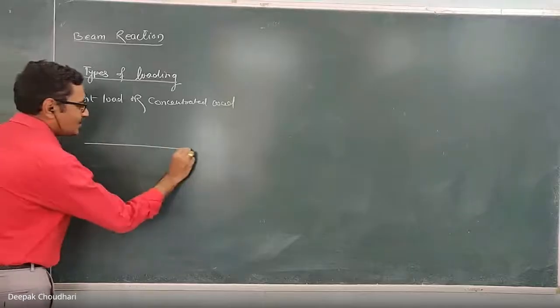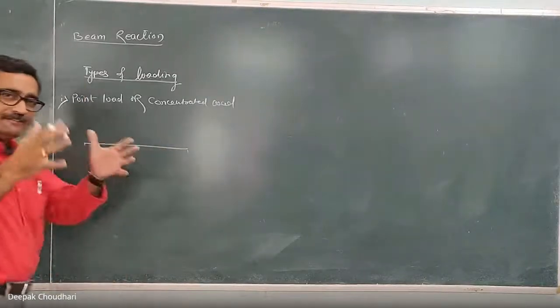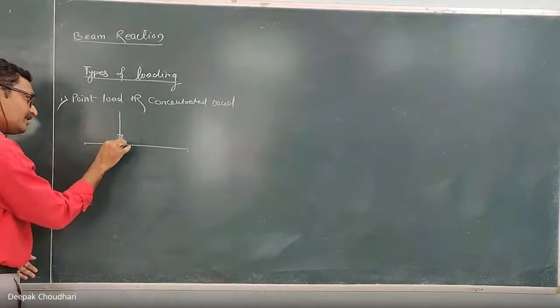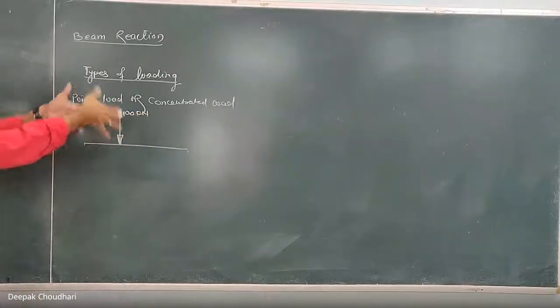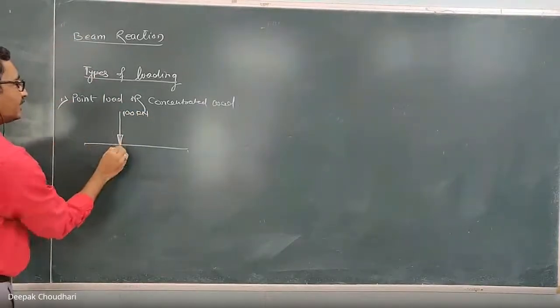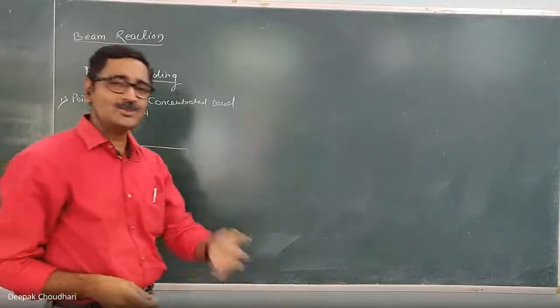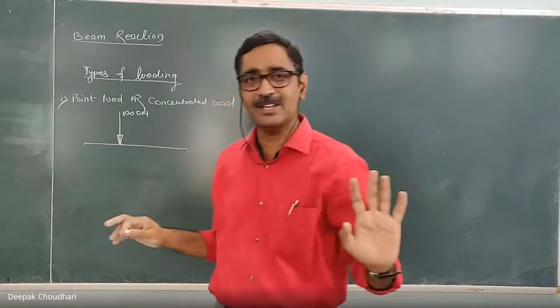Now what is the point load or the concentrated load? Consider suppose this is one beam. When the effect of the entire load is concentrated at one point, suppose this load is 100 kilonewton, such type of load is known as the point load or the concentrated load. Till now, whatever loads and forces we considered, force and load are one and the same thing.